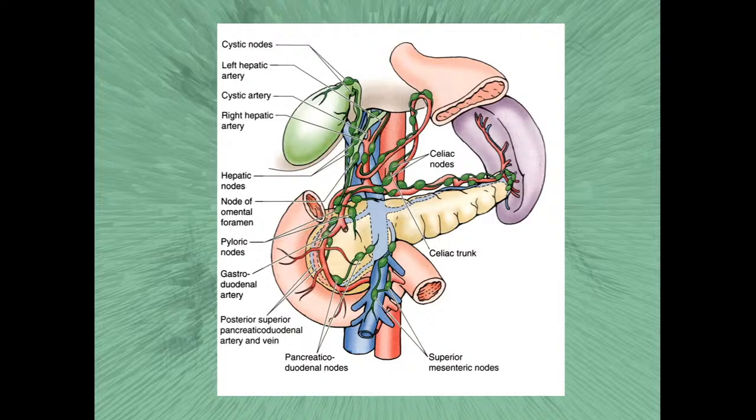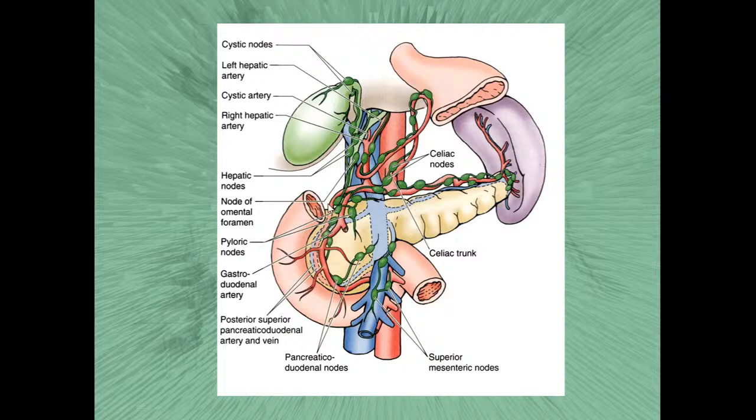So, lymphatic drainage of the pancreas starts from the lymphatic capillaries, forming the network in the gland, then to the lymphatic vessels, and then to the regional lymphatic nodes.